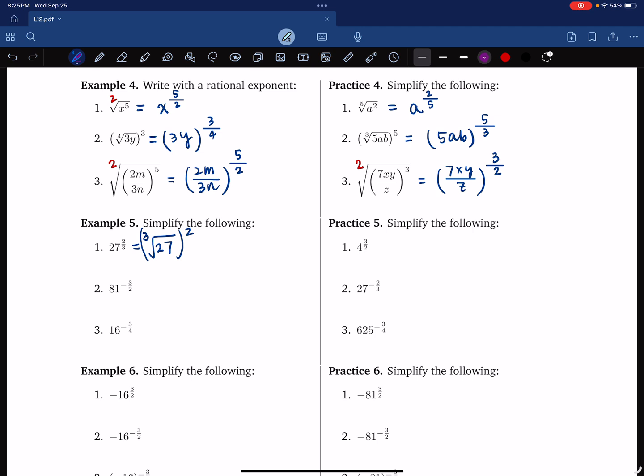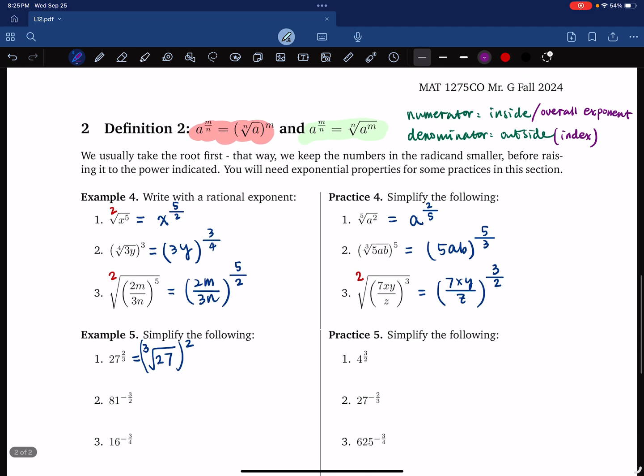One way is what I showed right here, where 3 is the index and then 2 is the overall exponent. But you could also do 27, and then you have 3 as the index and then 2 as the exponent inside. And as you can see, this exponent could go inside or it could go all the way to the outside, raising the whole thing to an exponent.